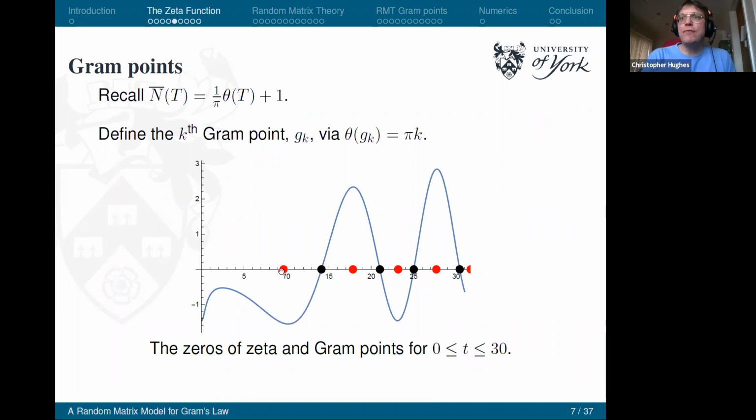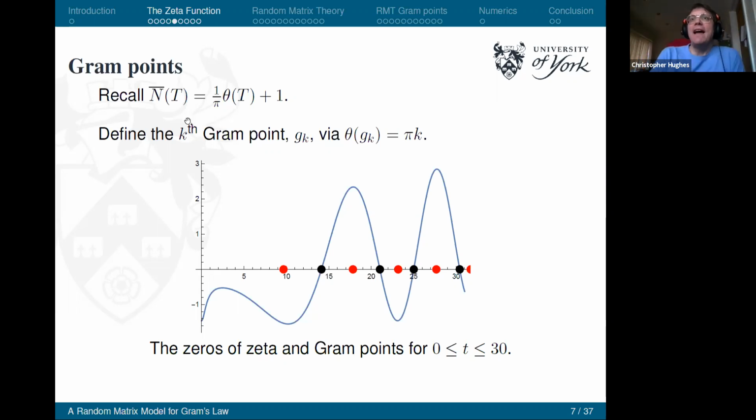So these red dots are where the smooth term, that n bar of t, equals 1 or 2 or 3, etc. And you can see that they bracket the genuine zeros of zeta, which are tremendously hard to calculate.